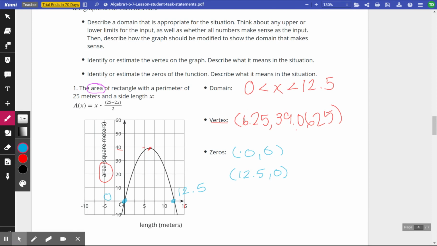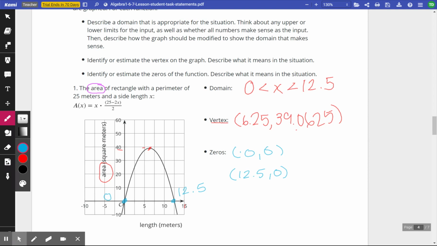This would be the maximum that you could, like maybe you're trying to maximize your backyard, whatever. This would be the maximum amount, 39.0625. I'm assuming square meters, says it right here, square meters. And that would be at a side length of 6.25. So the side length of 6.25 maximizes it.